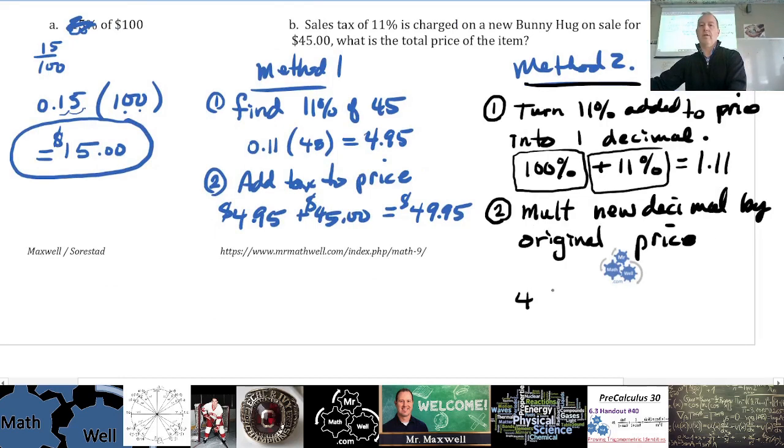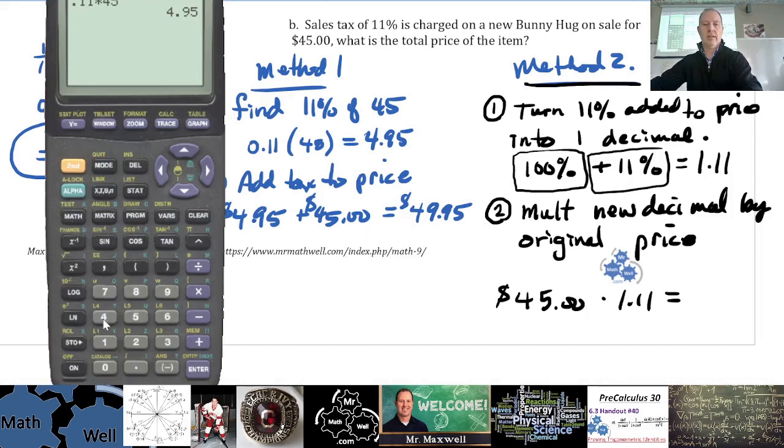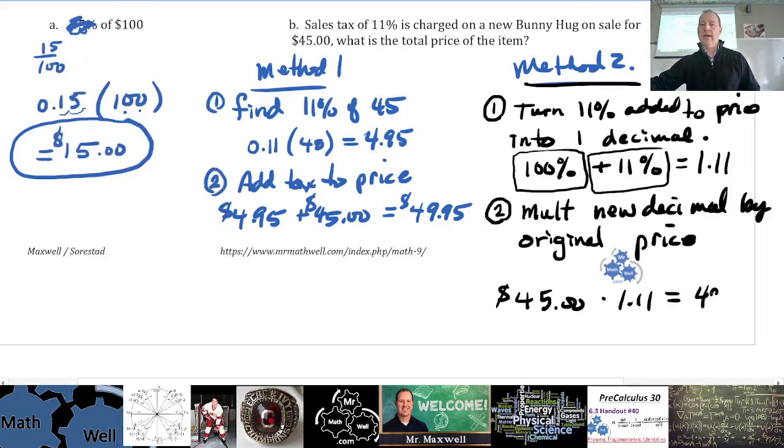So that's going to be $45 times 1.11. And when you do that, you basically save a couple steps. Look at that. So it adds them up for you. So it's really half the work. You just have to kind of understand that I'm going to add the 100% as well to that decimal place. So that's $49.95.